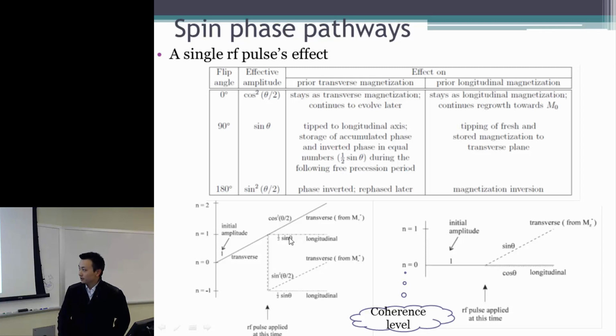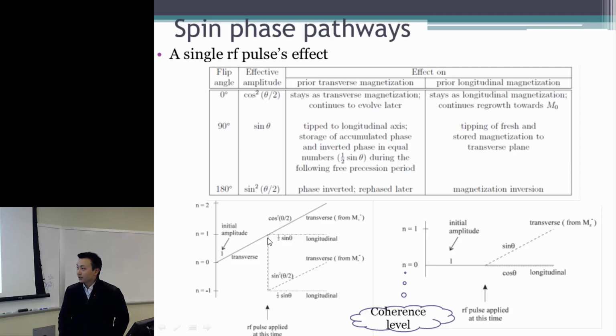How do we look at this plot? For example, this is the transverse scenario. We already have this magnetization along the transverse plane. Because it is perpendicular to the external field, it will develop a phase over time.